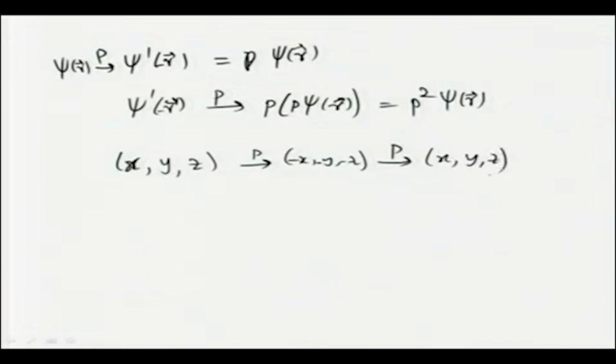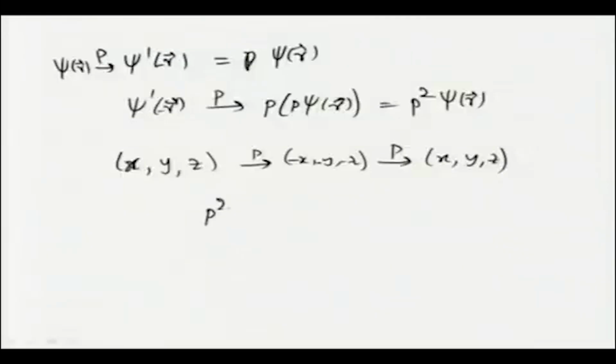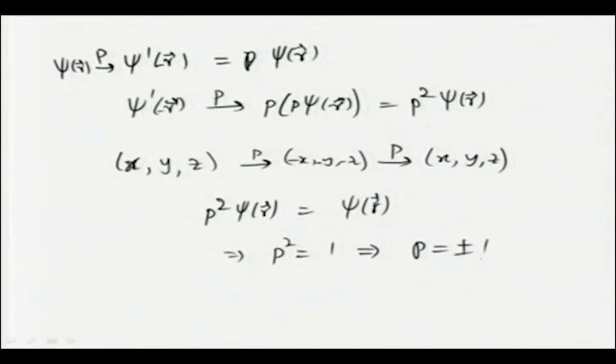It is as if we have not done anything; we come back to the original state when we apply the parity operation twice. So, p squared psi of r should be equal to psi of r, which then tells us that p squared is equal to 1, or p is equal to plus or minus 1.